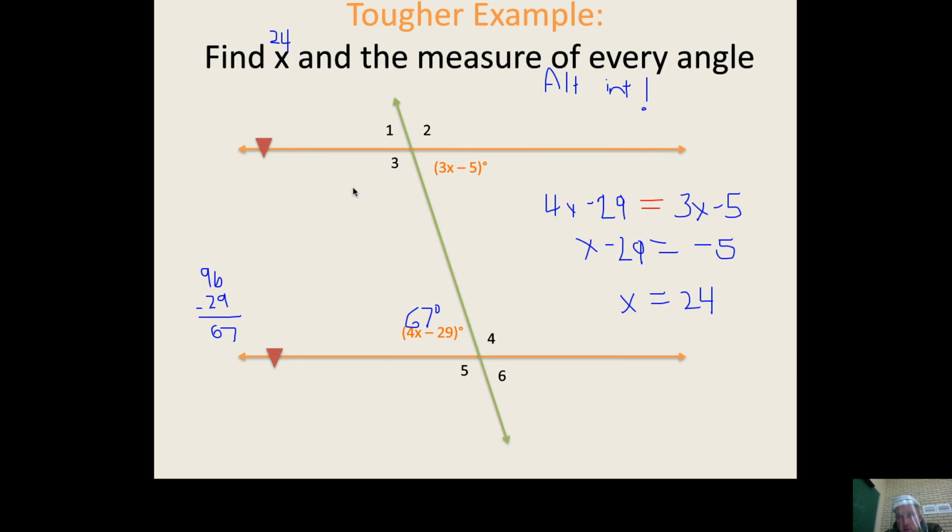We're going to do 3 times 24. And then we're going to take away 5. And that gives you 67. These alternate interior angles better match. If they don't, then you messed up somewhere either in your algebra or when you go to plug in.